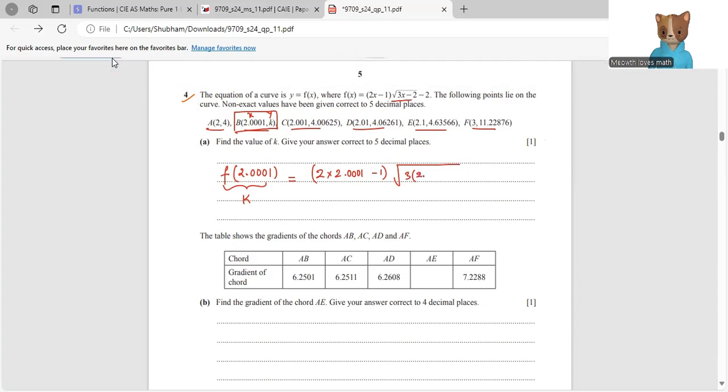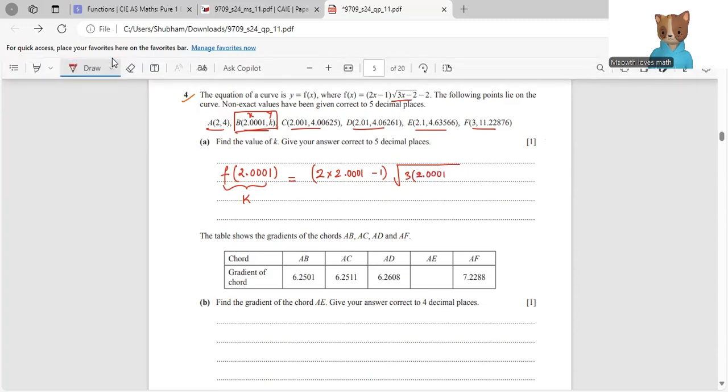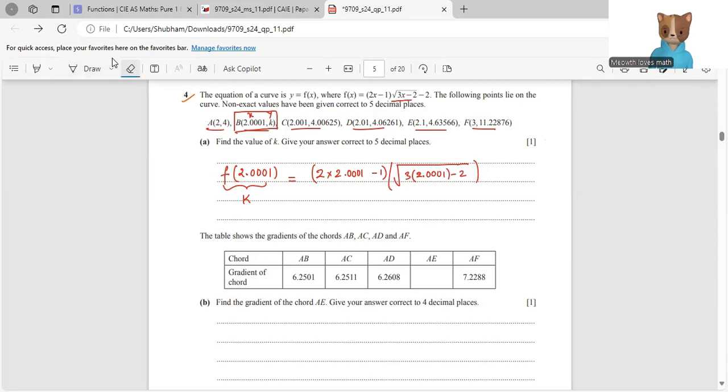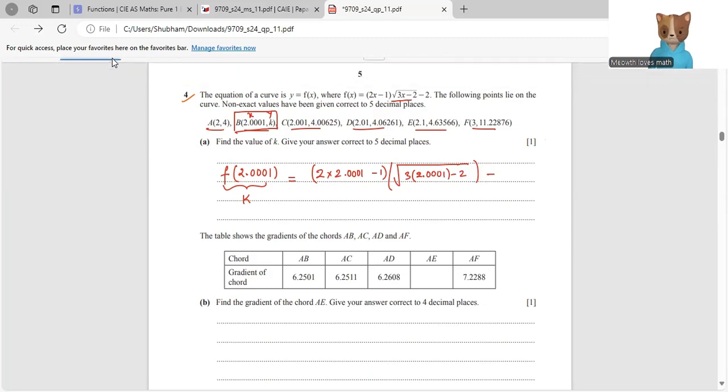It's a calculator based question, so you don't have to worry much, but be careful while solving it. Put everything in brackets, and then you have minus 2. So the final answer is to be subtracted by 2.